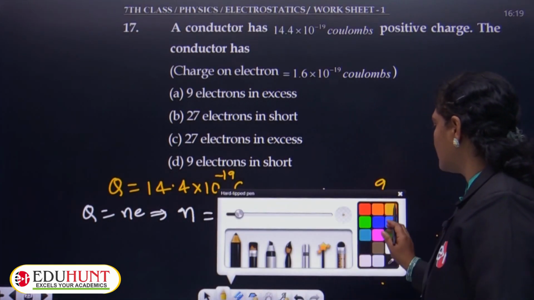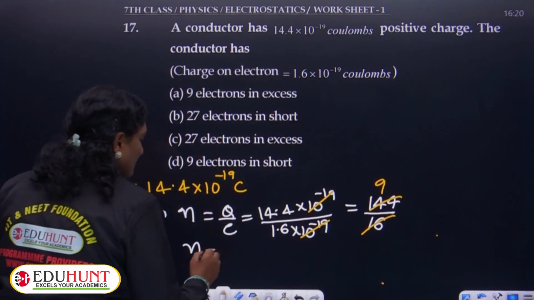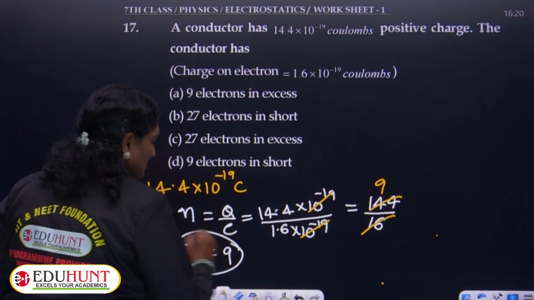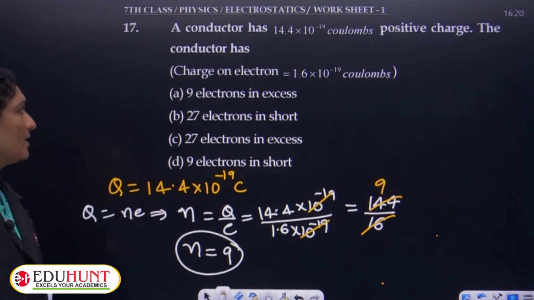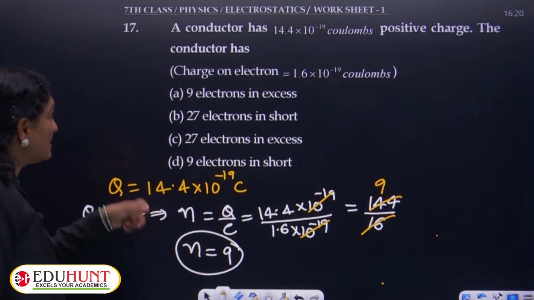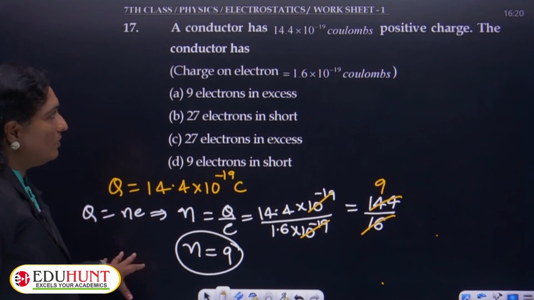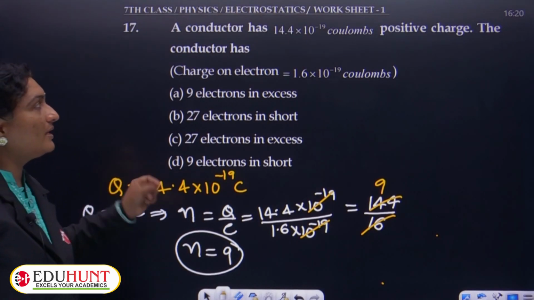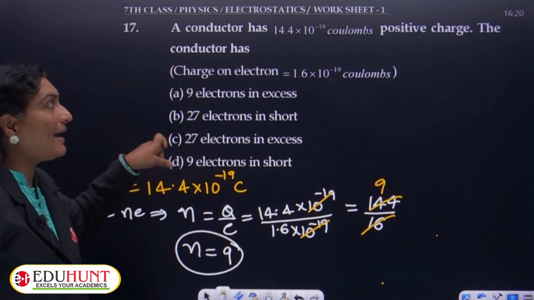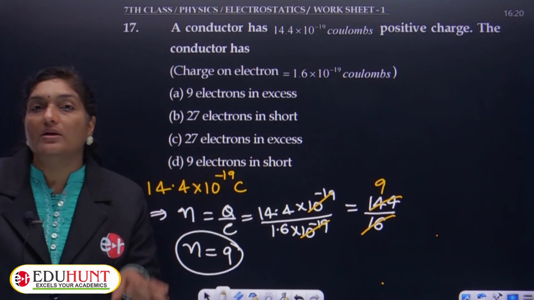So we found the number of electrons is 9. Now we are asked whether 9 electrons are in excess or 9 electrons are in short. The conductor has 14.4 into 10 power minus 19 coulombs of positive charge.